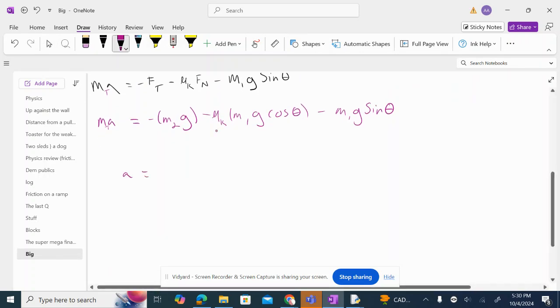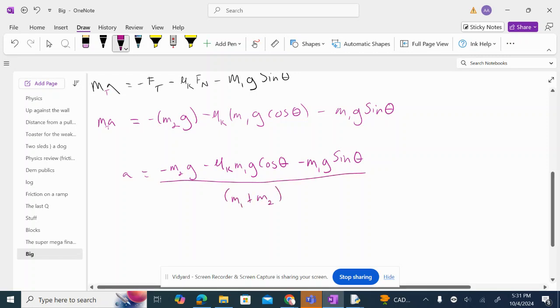You will get a is equal to negative m2g minus mu k m1g cos theta minus m1g sine theta, and then you're going to have m1 plus m2. And that should be the equation to solve for acceleration.